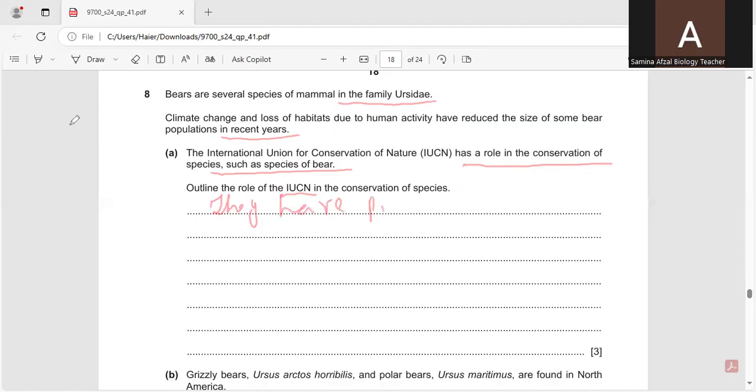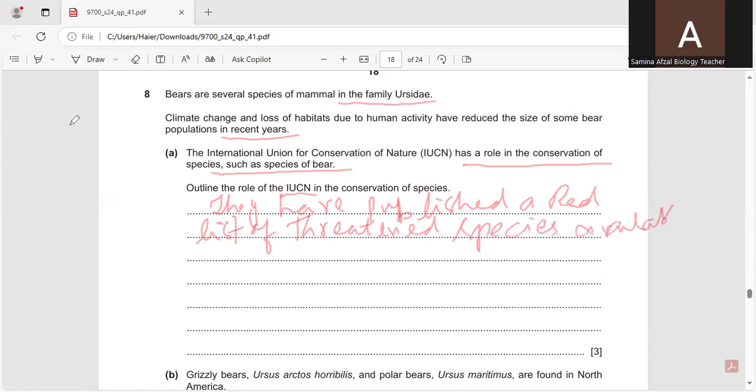They have published a red list of threatened species, available online for the conservation of animals.